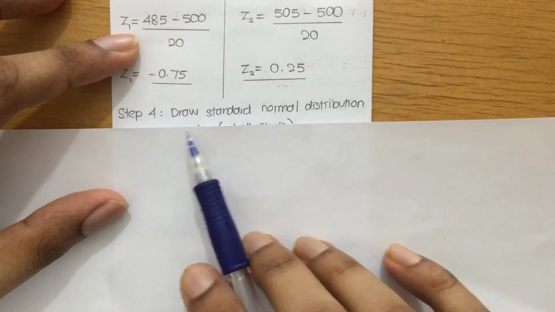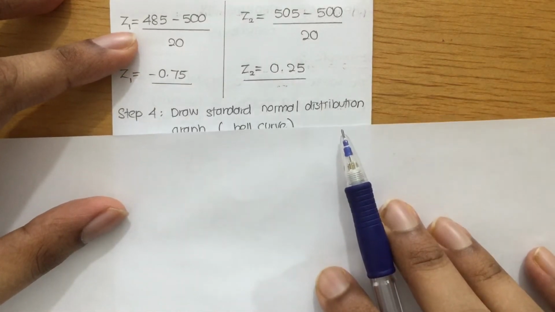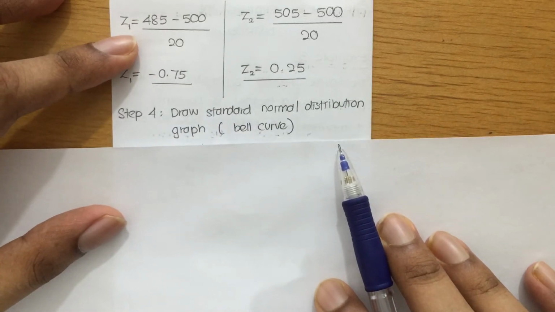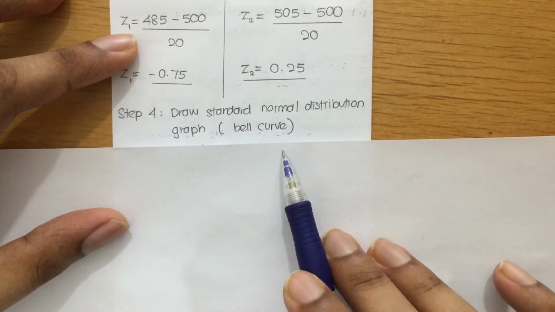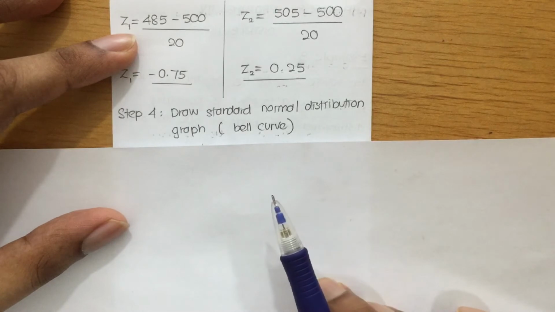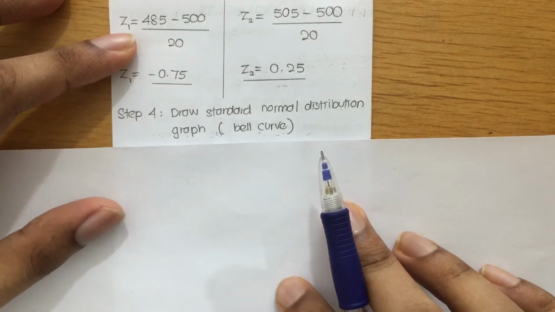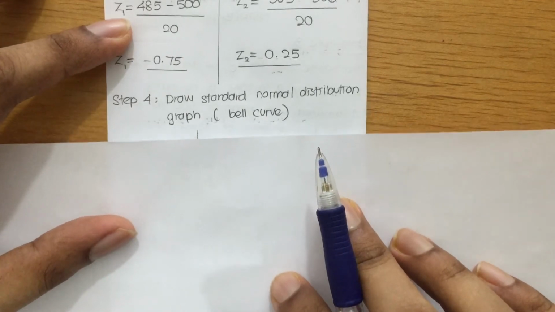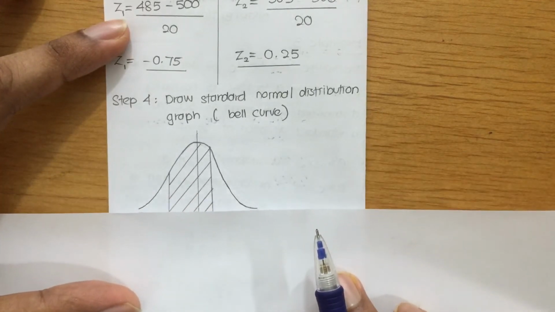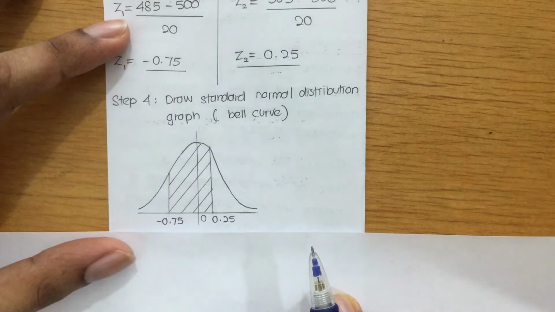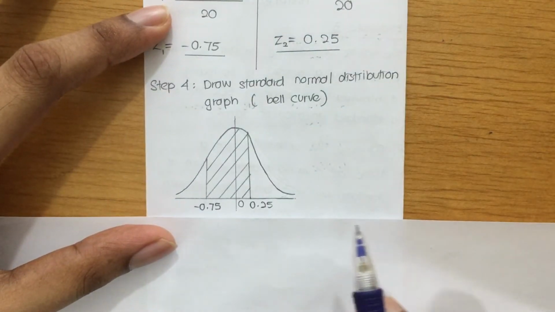So step 4, what we need to do is draw the standard normal distribution graph, also known as the bell curve. In this step, we're going to draw the bell curve, which I've already drawn for you. Let me show you the bell curve diagram now. This is how the bell curve looks.